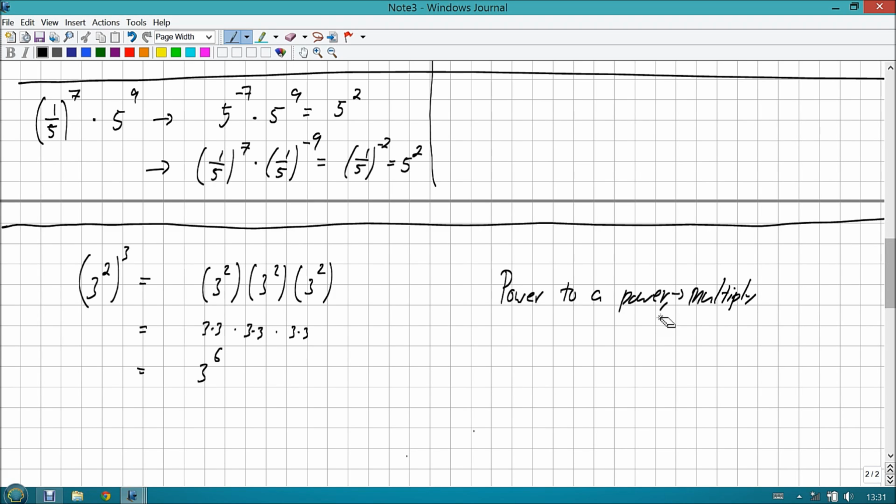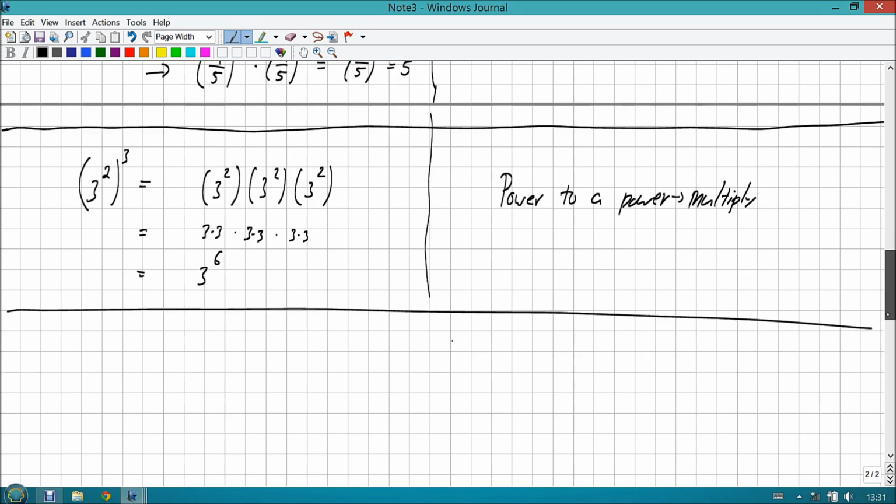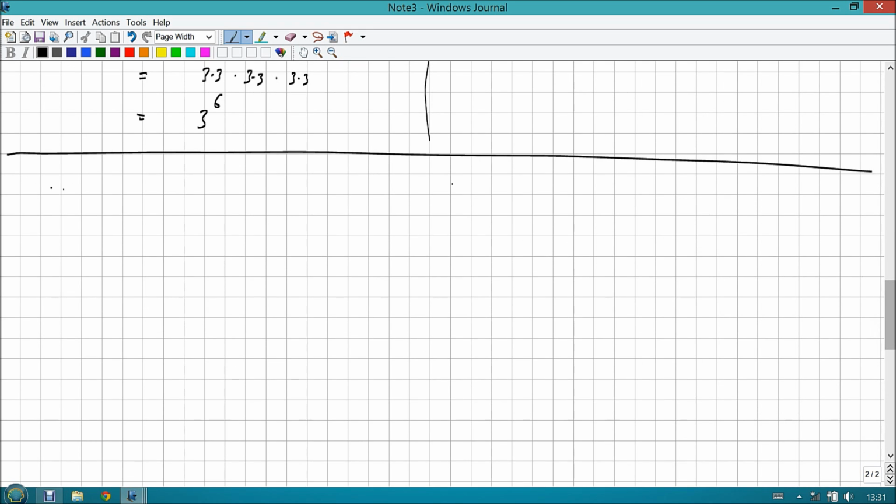So for an example, let's pick a number, 7. Okay, 7's a good number. Let's say that we have 7 squared raised to the 8th power. This would turn into 7 to the 2 times 8, which is 7 to the 16th.